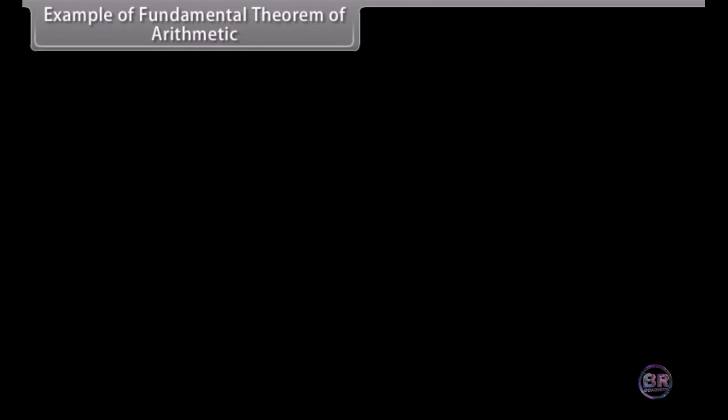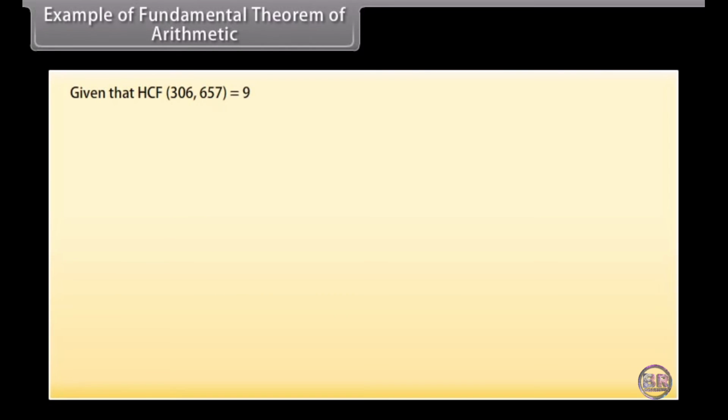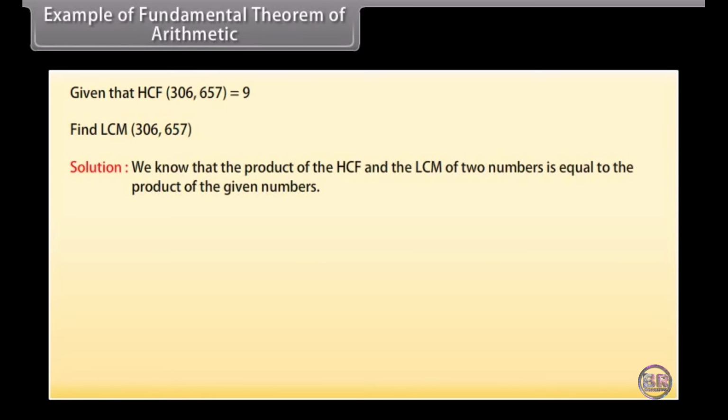Examples of Fundamental Theorem of Arithmetic. Given that HCF(306, 657) is equal to 9, find LCM(306, 657). Solution. We know that the product of HCF and LCM of two numbers is equal to the product of the given numbers.